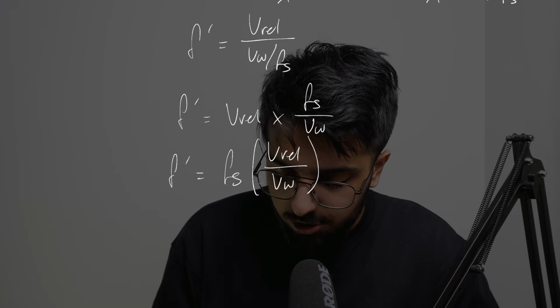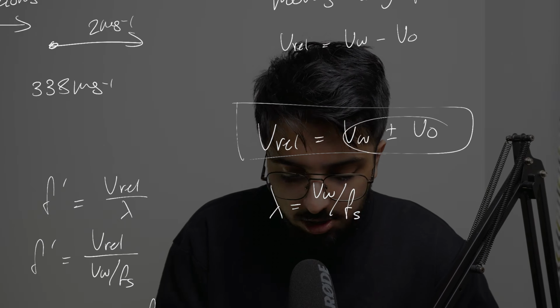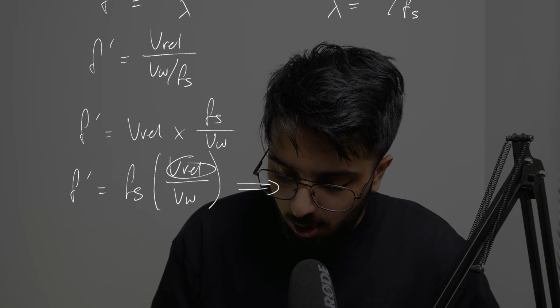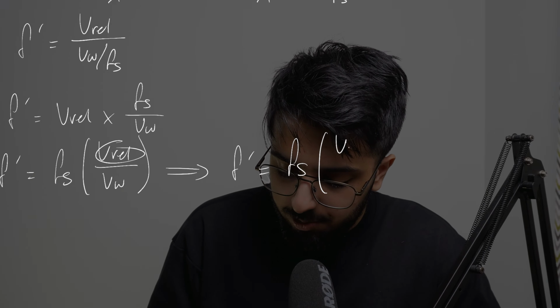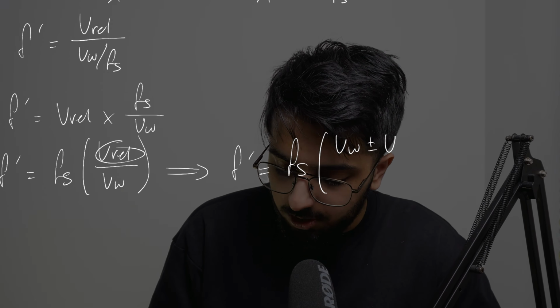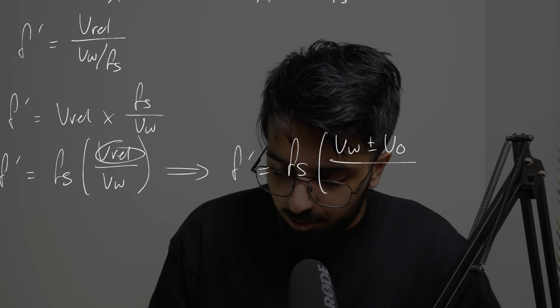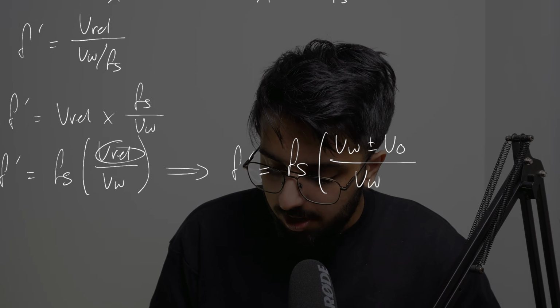Then we can substitute our relative velocity, and we get our observed frequency is equal to the source frequency times the wave speed plus or minus the velocity of the observer, all over the velocity of the wave. And as you can see, that is the equation that we have up here, except this should be plus or minus.